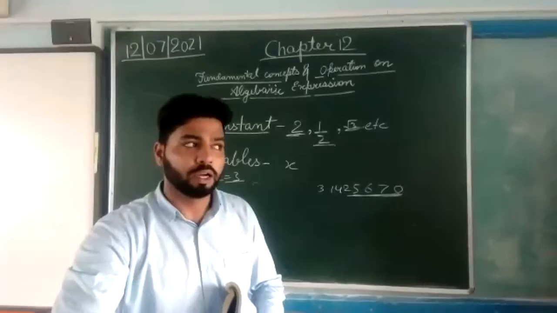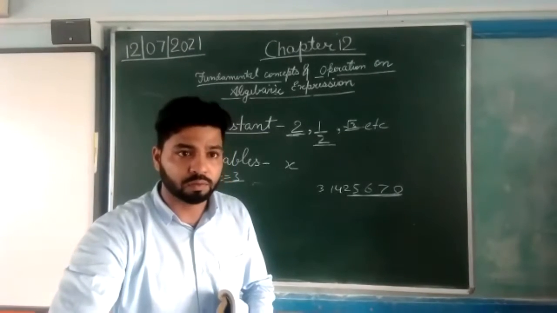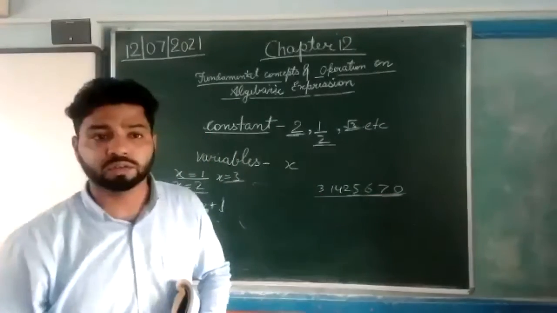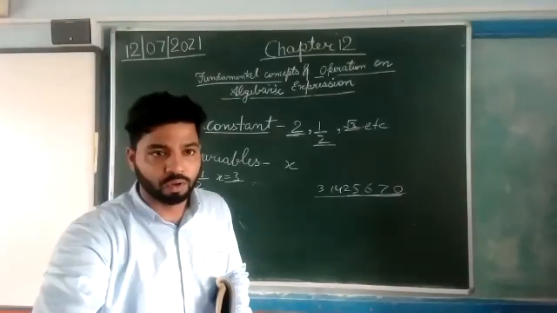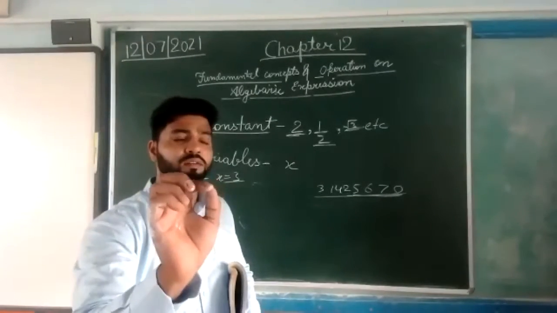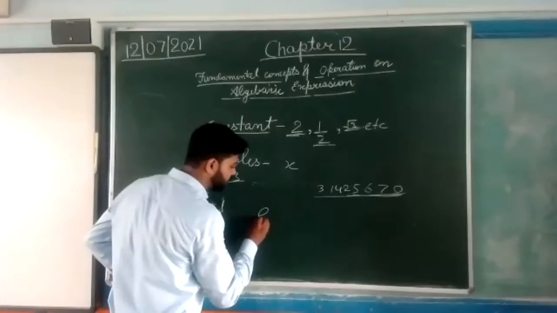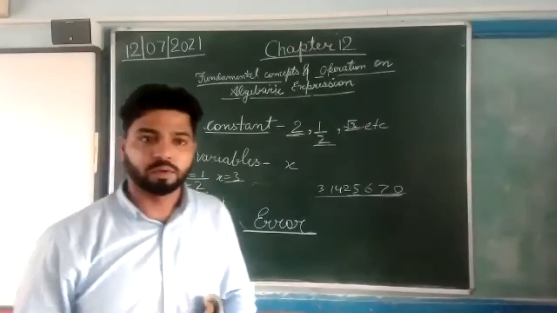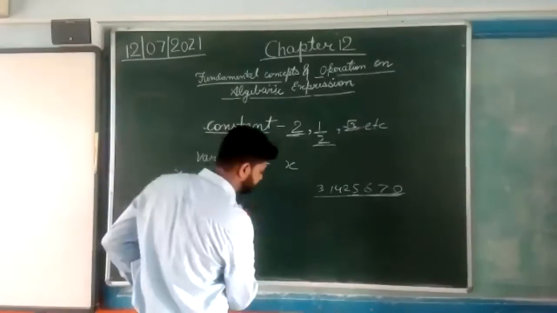That is 9 point something else. But for calculation purposes, if we take that value, it will be hard for us to solve. So we take 9.8 as a calculative value. But in the real world there are some differences, and that difference is called the error. Okay, you're getting me?